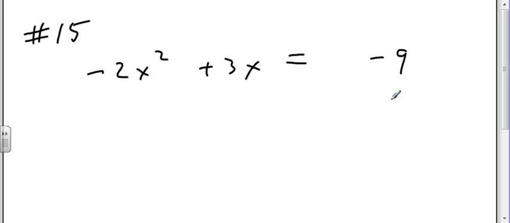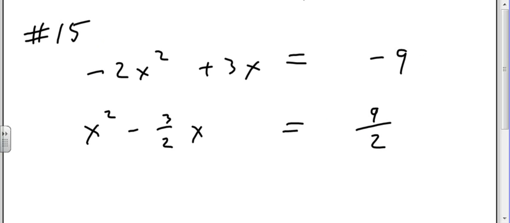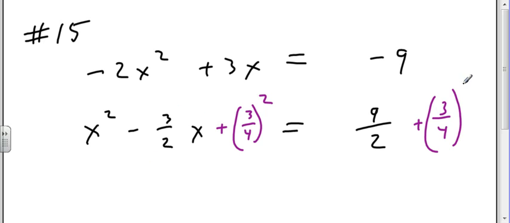Okay. So I don't like the minus 2 in front of the x squared, so I'm going to divide everything by minus 2. I'm going to get x squared minus 3 over 2 x is equal to 9 over 2. I'm going to divide by 2 and square it. So that'd be 3 over 4 squared plus 3 over 4 squared.